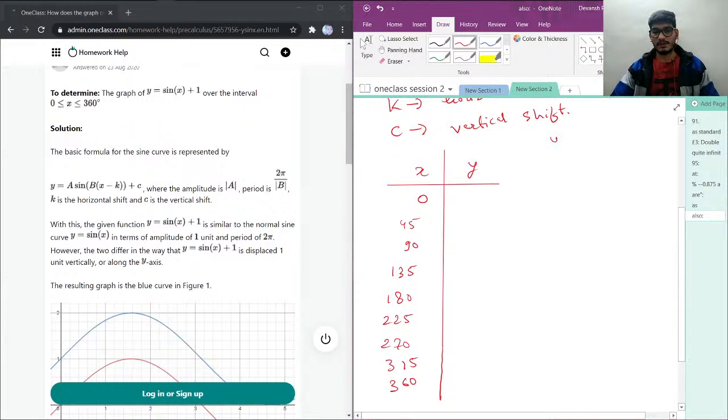And the equation was sine of x plus 1, where x is in degrees.